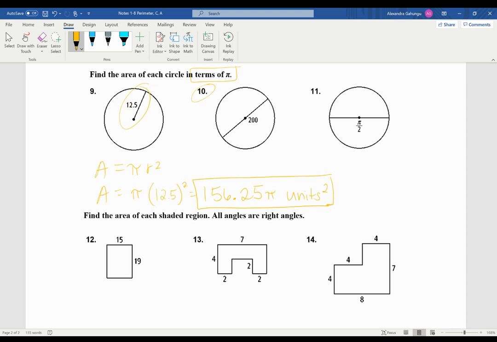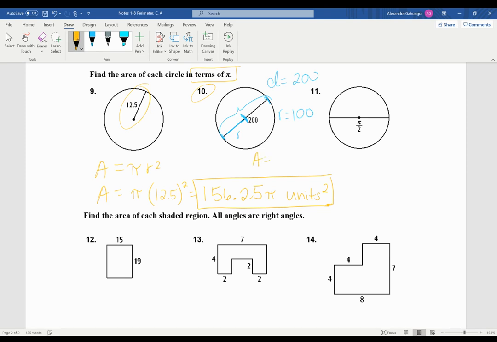If you're given a diameter, like for number 10, so I'm given the diameter of 200. What's the radius? Okay, so the whole thing is 200. So that means from here to here is half. So my radius is this piece, and it's half. So the radius is 100.